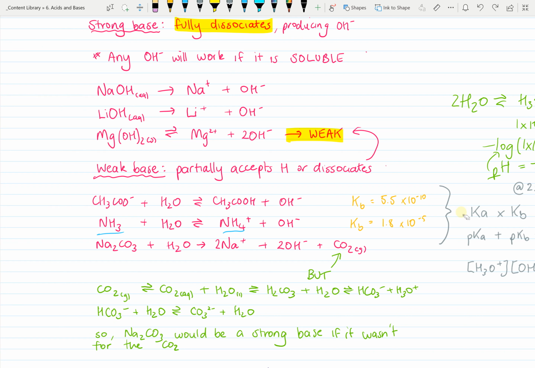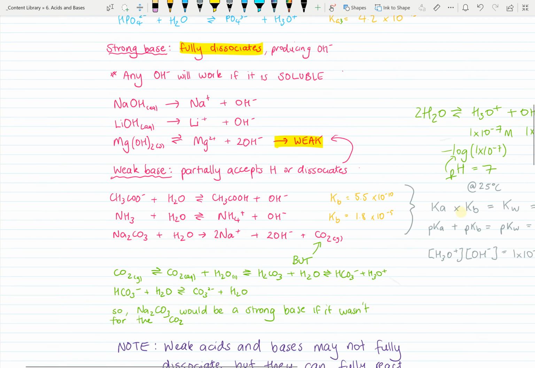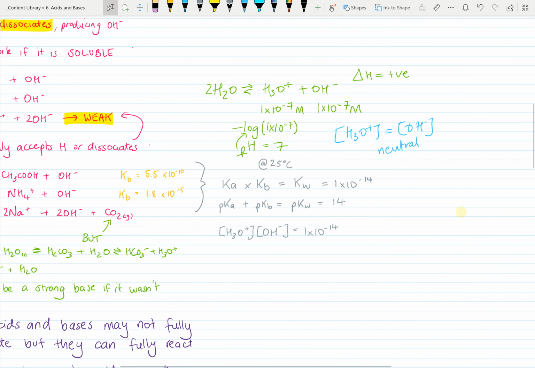If they're the same chemical formula and they're different by a hydrogen, then they're conjugates. Even OH and water are conjugates of each other. They differ by a hydrogen. You have to get the charge right, FYI. And so what we've got is if we times Ka times Kb, we actually get Kw.